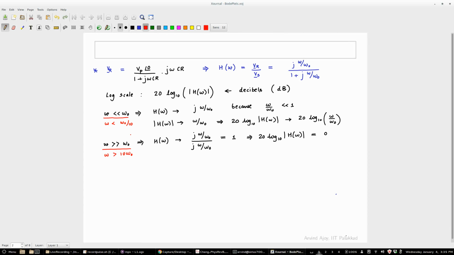By omega less than omega 0, what we effectively mean is omega less than omega 0 by 10, and by omega greater than omega 0 we effectively mean omega greater than 10 omega 0. That's the engineering approximation for less than and greater than. So let's go ahead and plot this function.